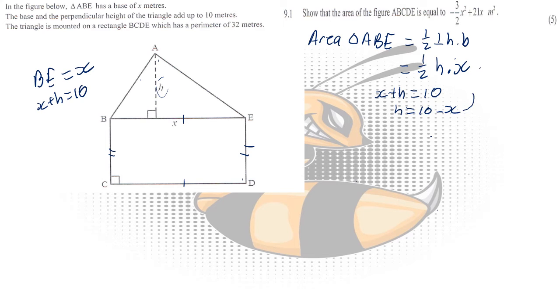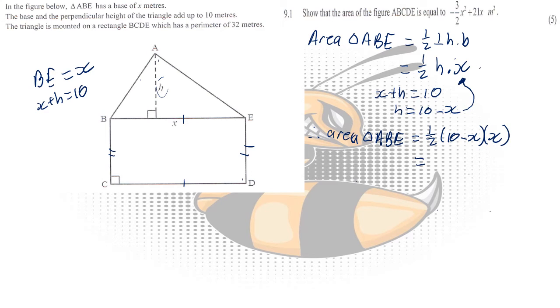Then I can take this answer and substitute it back into the area of triangle ABE to get rid of the h and just have x's in there. Therefore, the area of triangle ABE would be equal to a half of (10 minus x) times x.